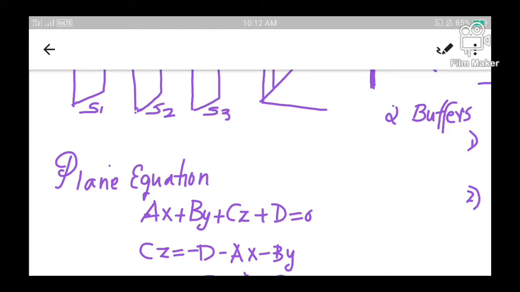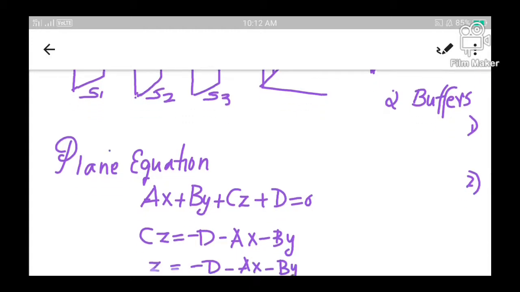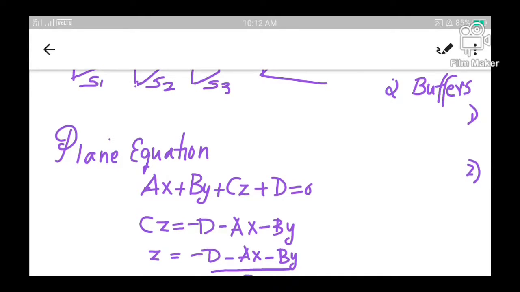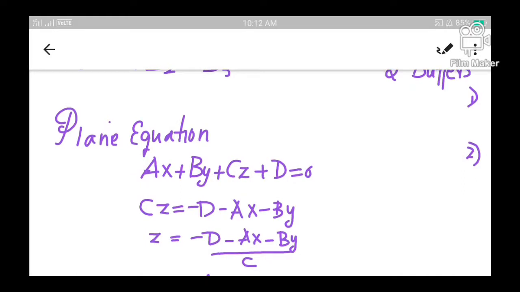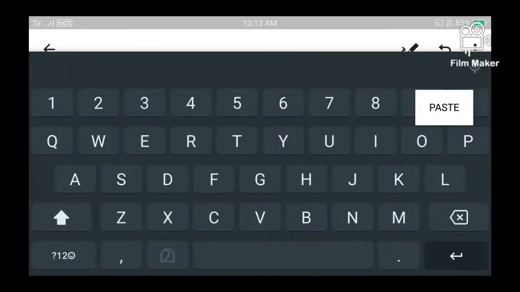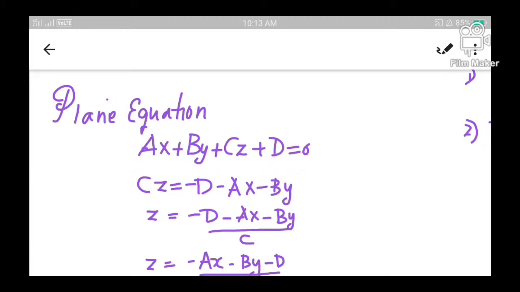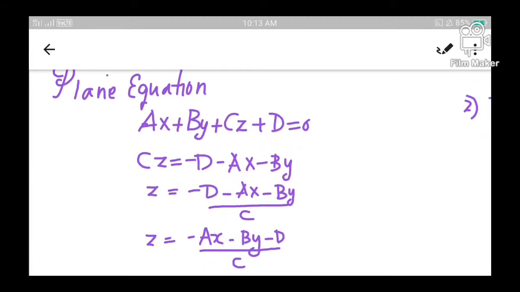Again, from this equation, z can be written as z = (-d - ax - by)/c. Now let us rearrange the terms, and we can write it as z = (-ax - by - d)/c. Both these are the same. I just rearranged the terms.